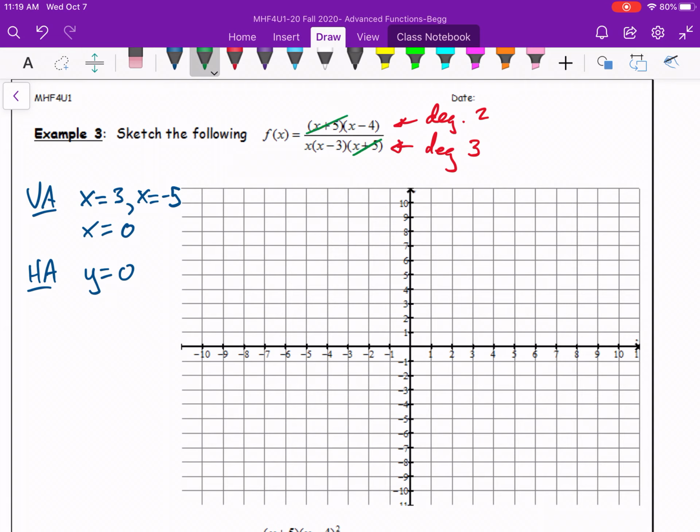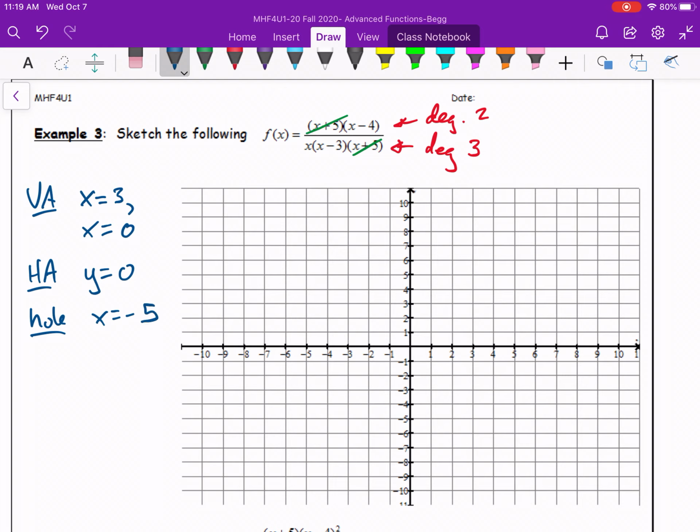We don't have to change much, but if they cancel out, that means this is no longer a vertical asymptote. So my apologies there, but it's not going to mess us up too much. I just have to erase that, and then we'll just indicate that we do have a hole at x equals -5.